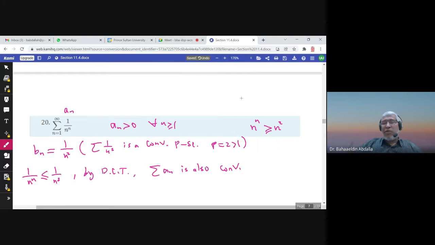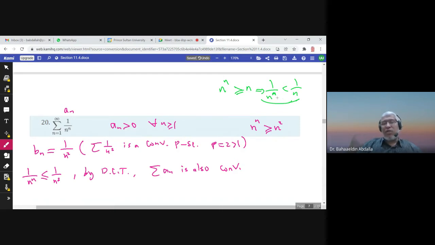But let me tell you something. n to the power n is also greater than or equal to n to the power 1, isn't it? Hence 1 over n to the power n would be less than 1 over n. Now, is this information useful to use the direct comparison test?